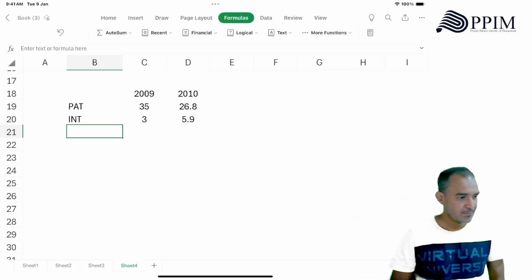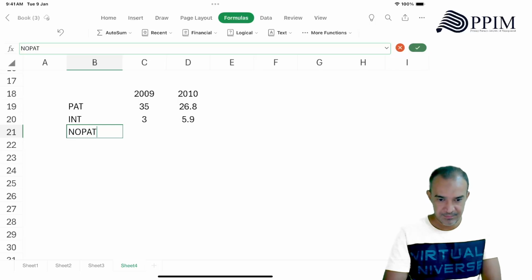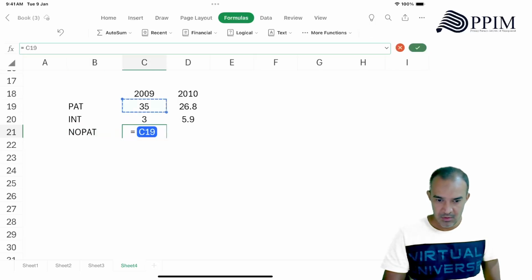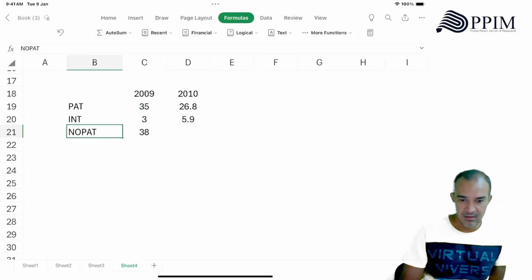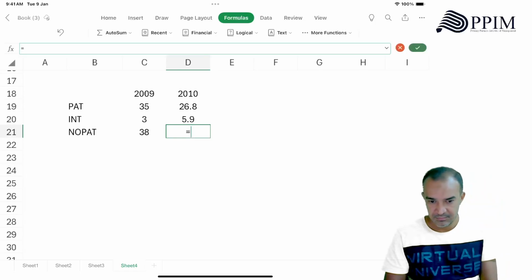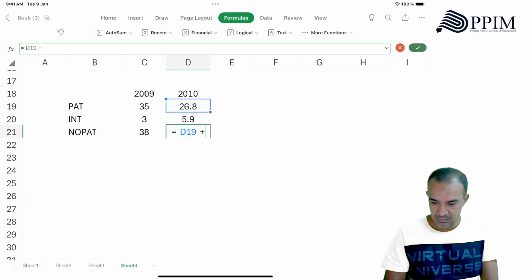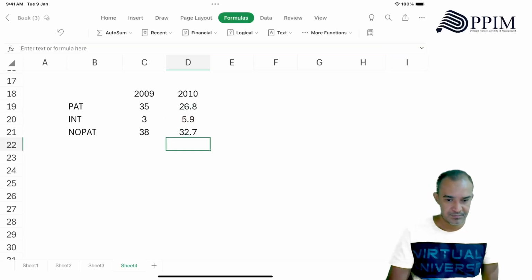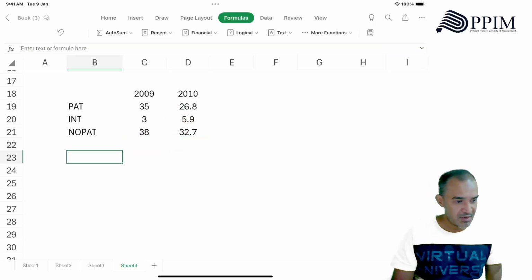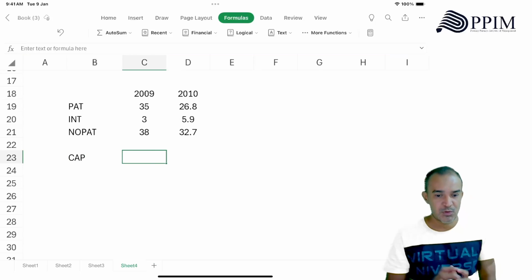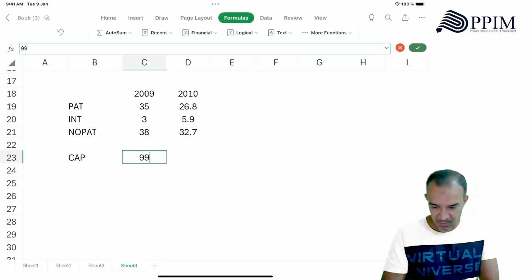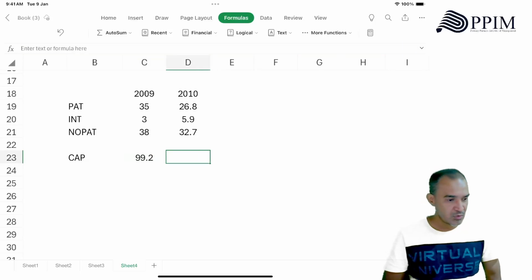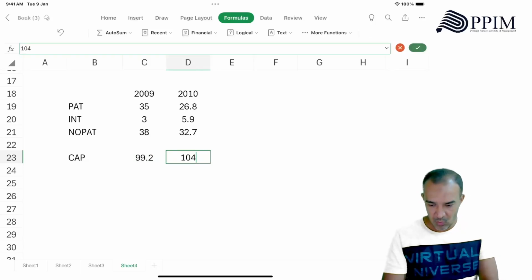Right? Then NOPAT. Then capital employed at the beginning, how much for 2009? Yeah, exactly. 99.2. And for 2010, it will be 104.1.